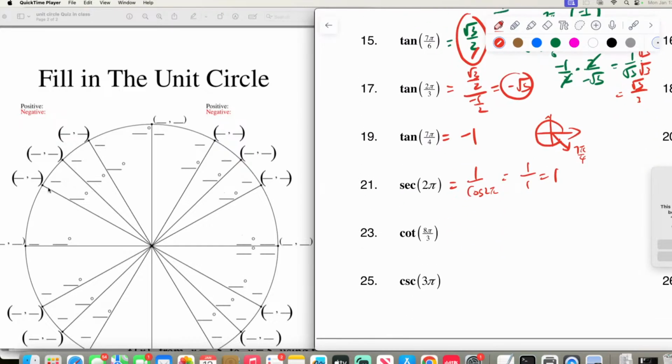Okay, so what's cotangent of 8 pi over 3? Well, 8 pi over 3, which quadrant is this, Isla? It's 2 pi over 3. Yeah, so you're going around, and 2 pi over 3 is right here.